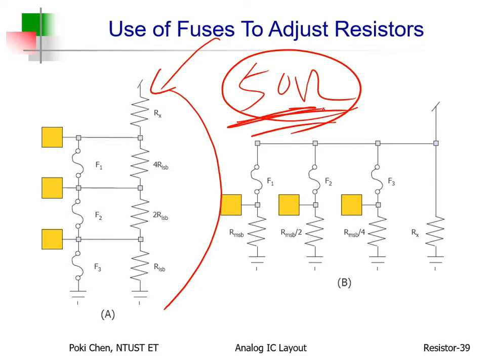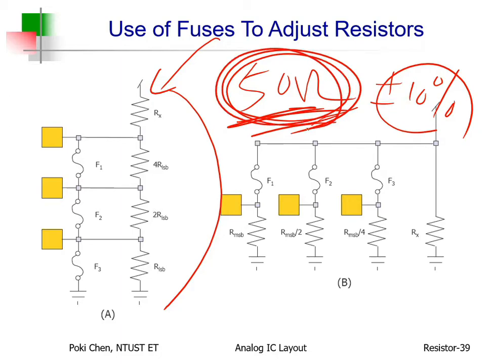No way. For absolute accuracy, you need to tolerate tens of percent in error. So you need to do such kind of trimming or calibration to make the final value exactly the same as what you need.